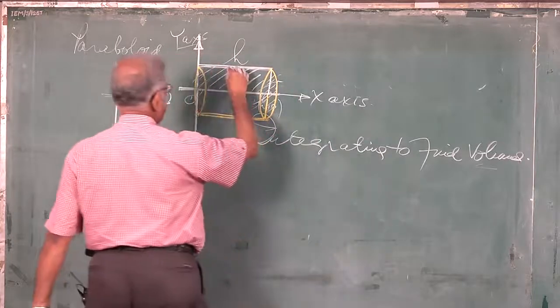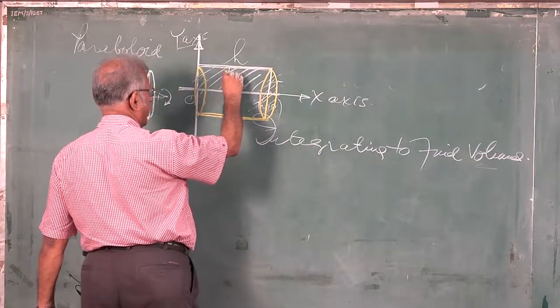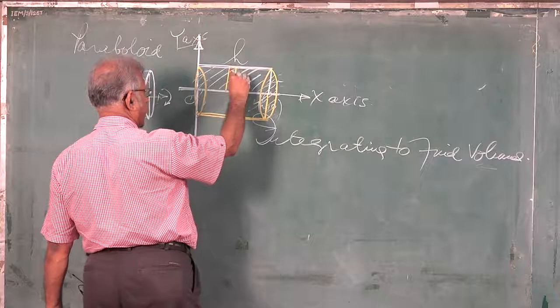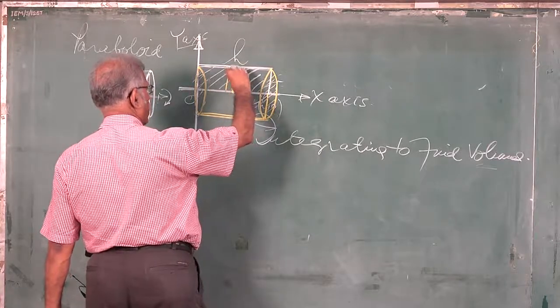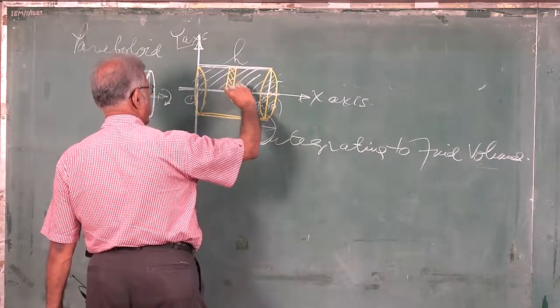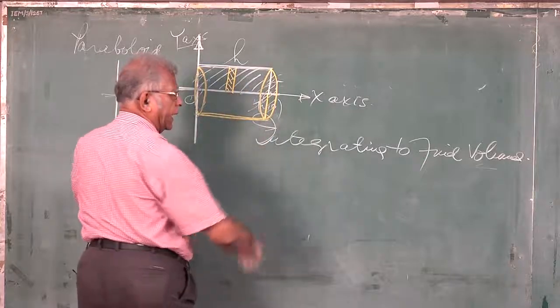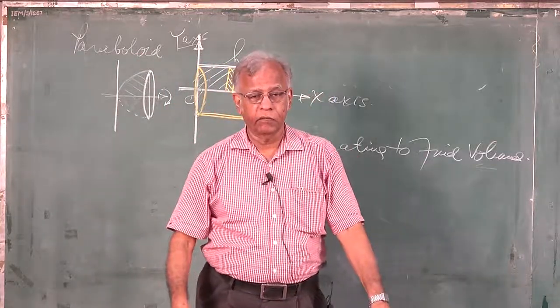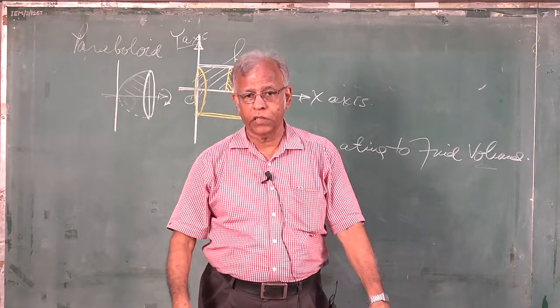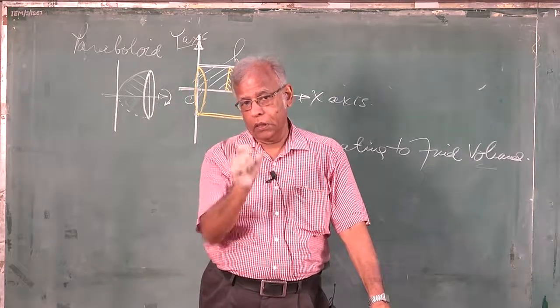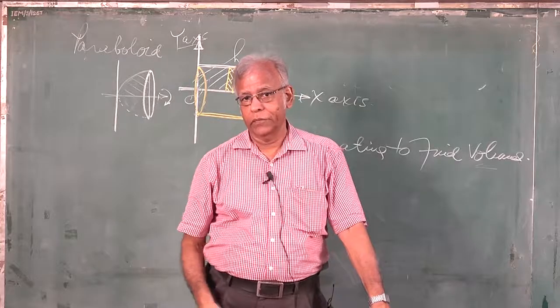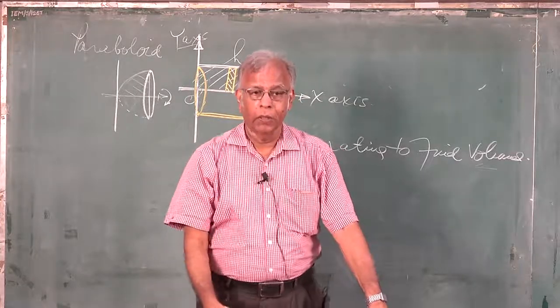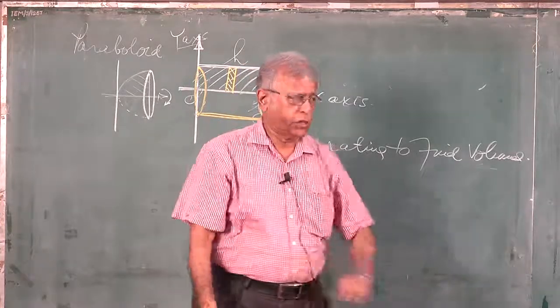If we take any strip of this area here like this and rotate it, one can imagine with very little difficulty that one generates a coin, which is a cylinder but with a very small thickness.